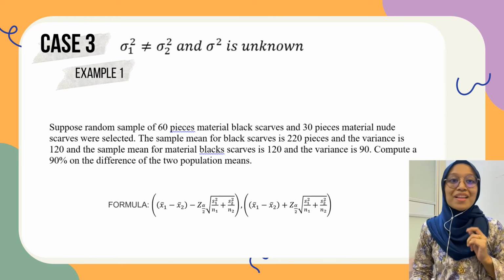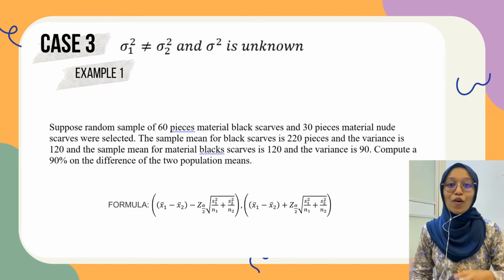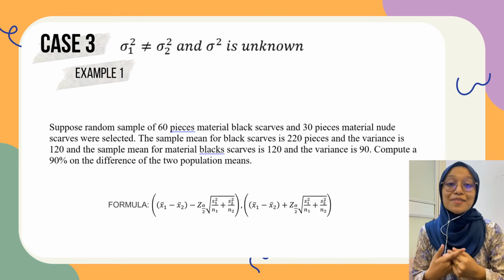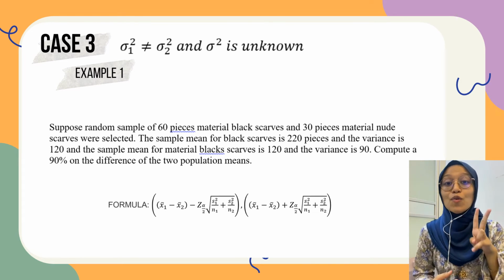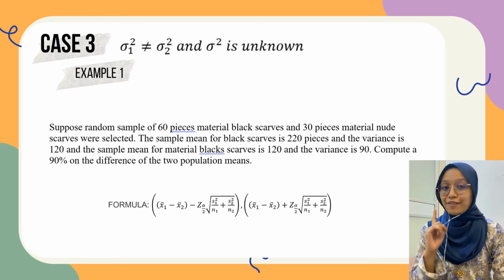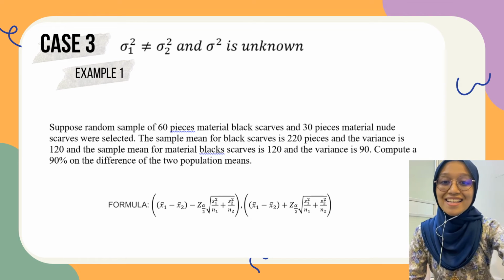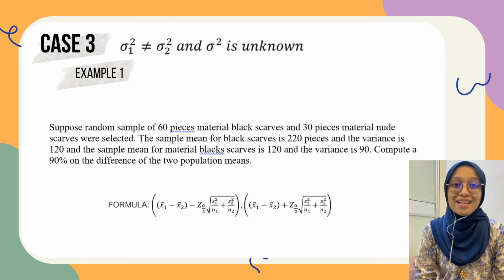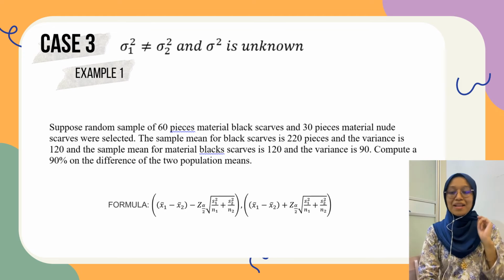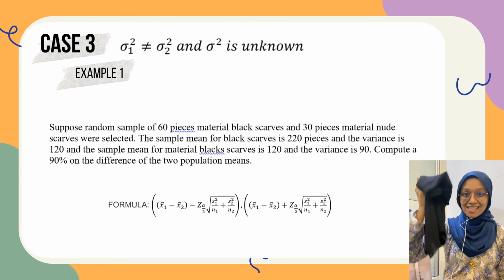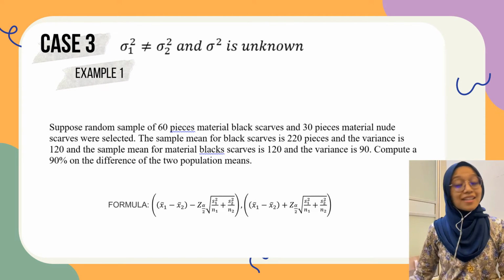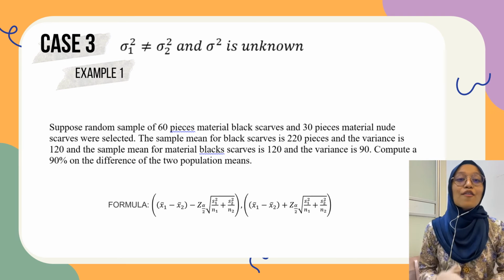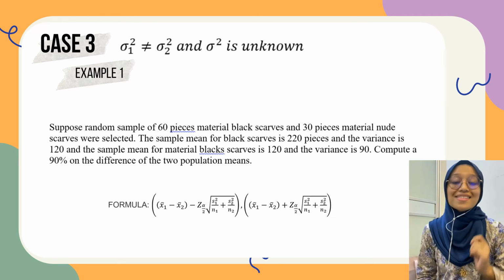So today, I will show you an example of the confidence interval for the difference of two population means. For the first example, suppose a random sample of 16 pieces of material for the black scarf and 13 pieces of material for the nude scarf were selected.